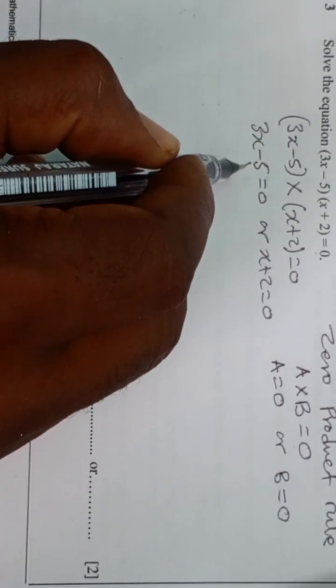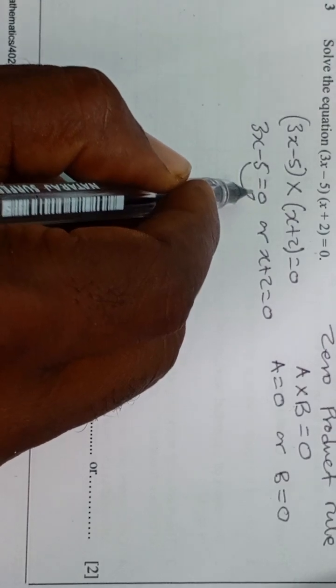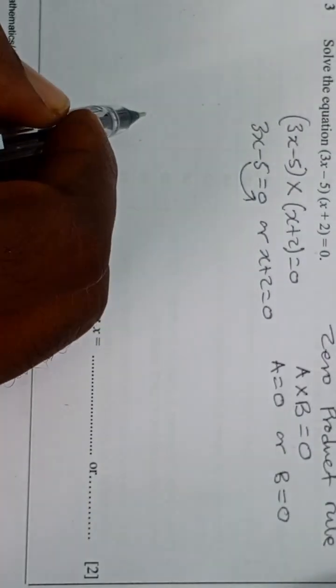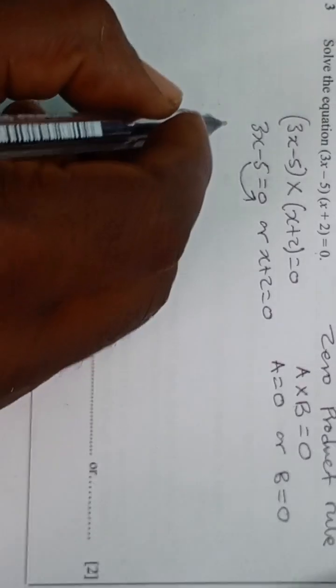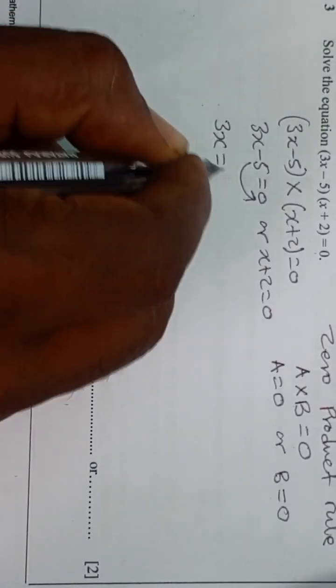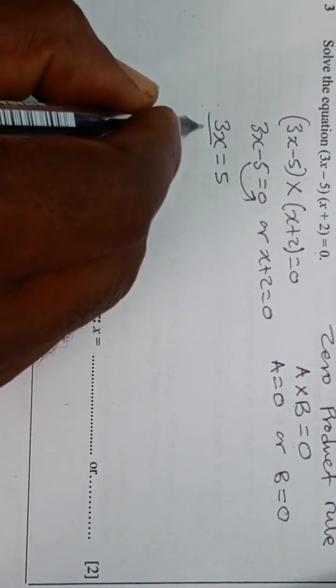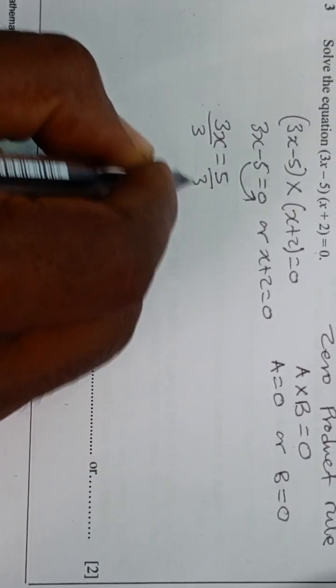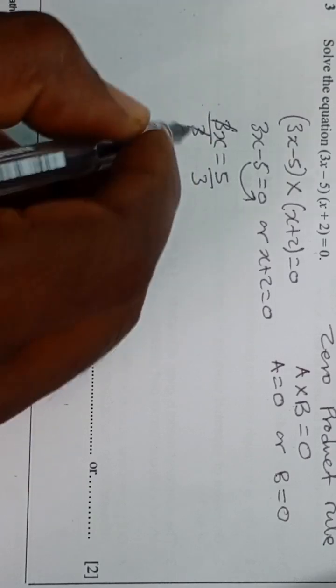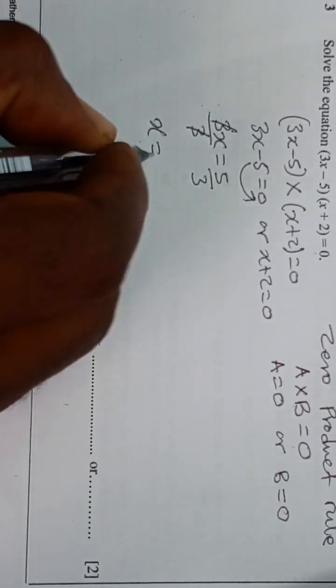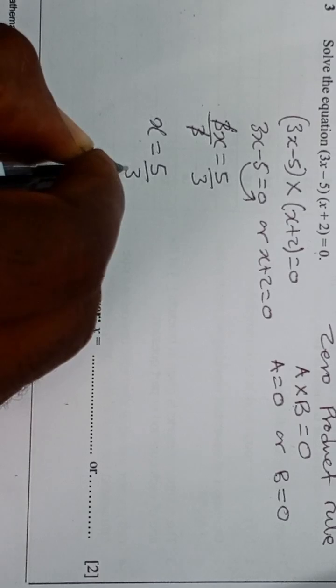This is negative 5. When it crosses the equal sign, it goes to where 0 is. It is going to be positive 5. So 3x equals 5. From here, I'll divide throughout by positive 3. X is equal to 5 over 3.